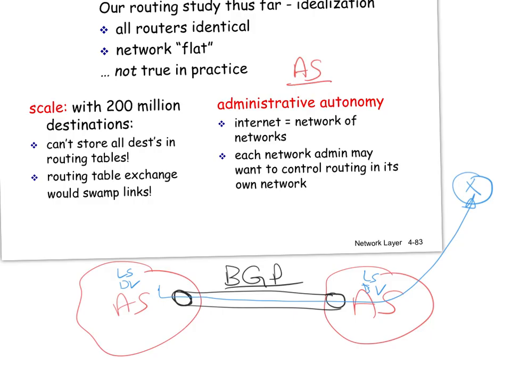That's what typically happens. So by doing this, we have to trigger more than one type of routing protocol. We have to go internally through Dijkstra or through Bellman-Ford. We use RIP, we use EIGRP, we use OSPF, okay?